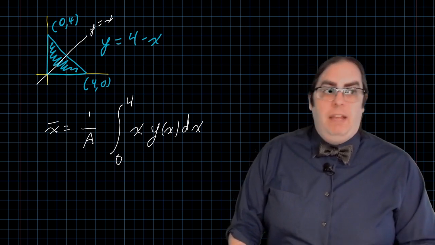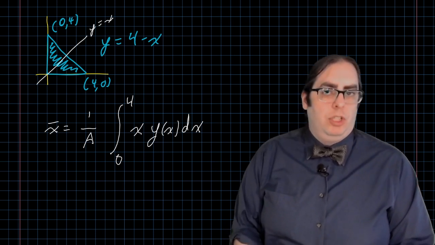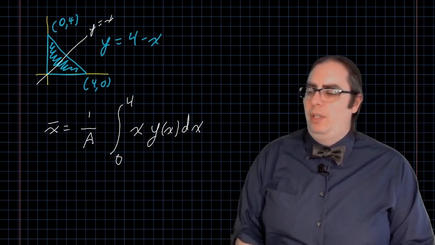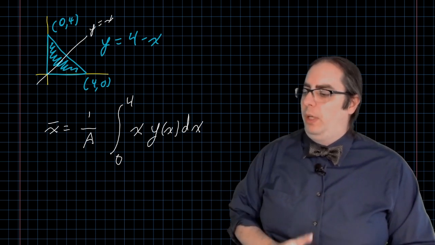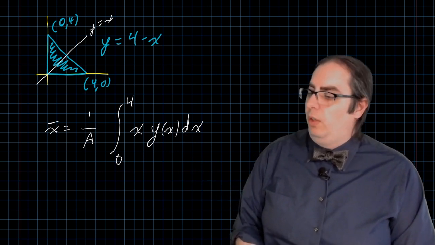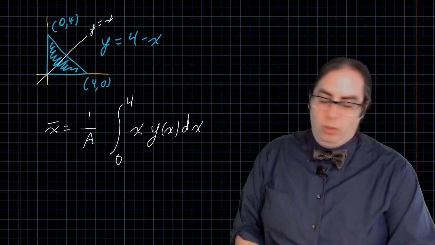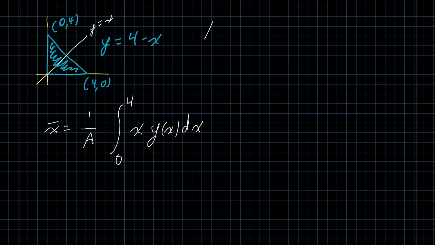Now, if the figure was more complicated, I might have to resort to calculus just for figuring the area out. But this figure is fairly straightforward. It's just a right triangle, and the two legs of the triangle are both 4 units long. So I know that the area of the triangle is 1/2 times the base, which is 4, times the height, which is 4, and 1/2 times 4 times 4 is 8.